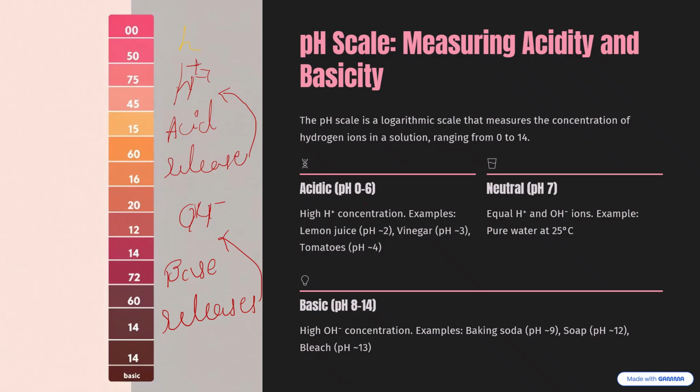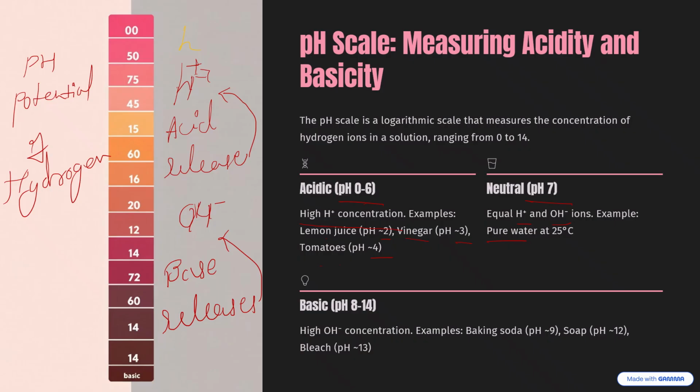Acidic is from 0 to 6, that is high H plus ion concentration, like lemon juice, pH 2, vinegar 3, tomatoes 4. What is pH? Potential of hydrogen. So acidic is from 0 to 6, where 7 is neutral, that is equal hydrogen and hydroxide ions, like pure water.